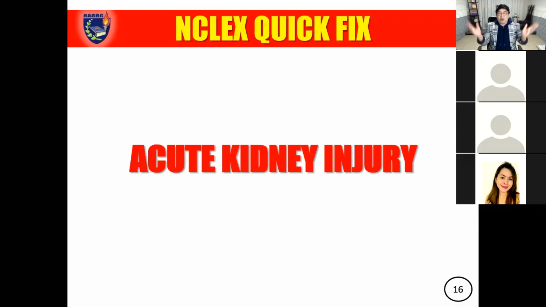So in a nutshell, let's turn all of those functions into one functional concept. The kidneys excrete waste products and balance electrolytes and fluids in the body. And that's usually manifested in your blood pressure and the urine output, period. Let's move on.